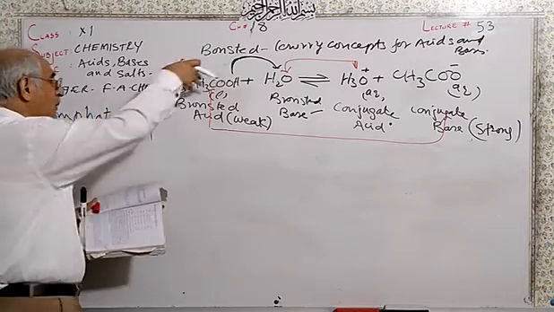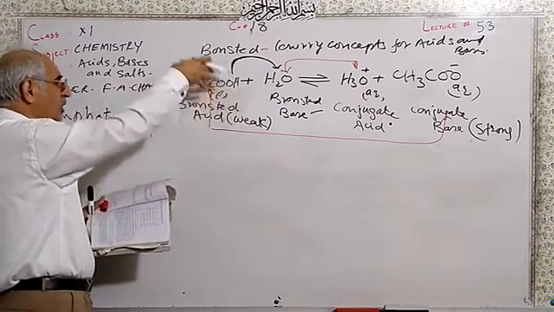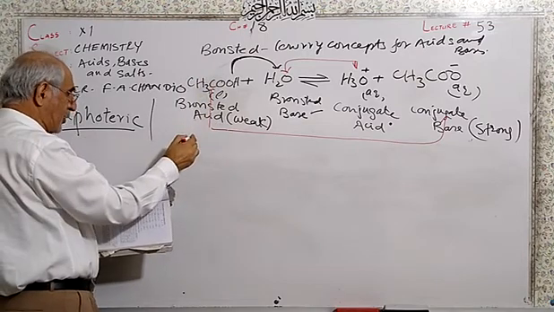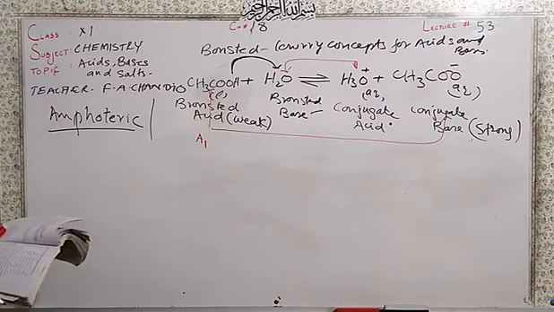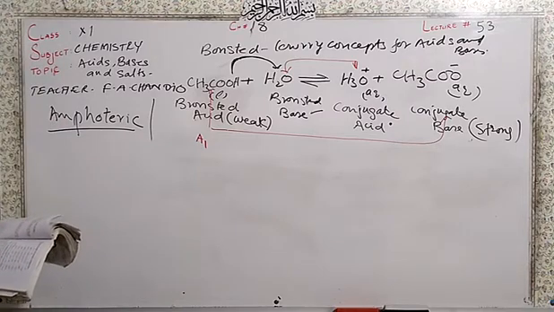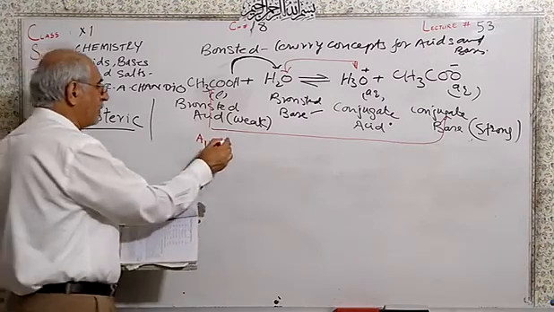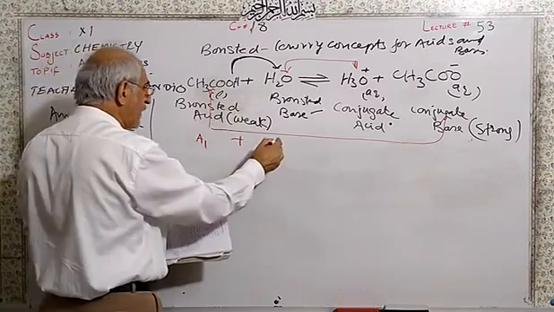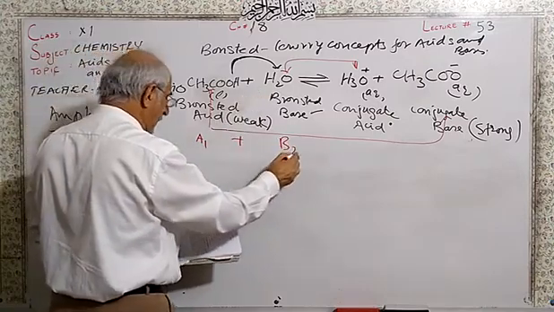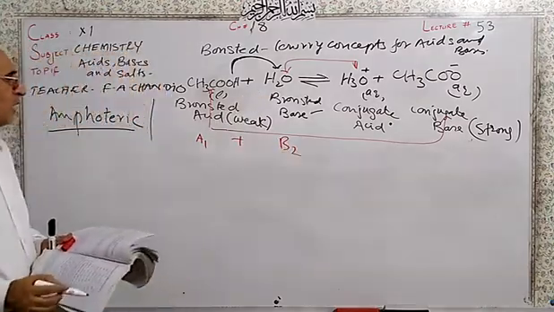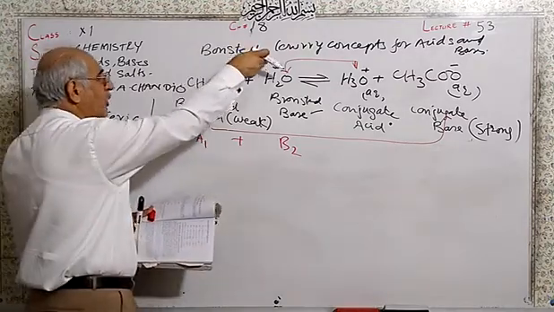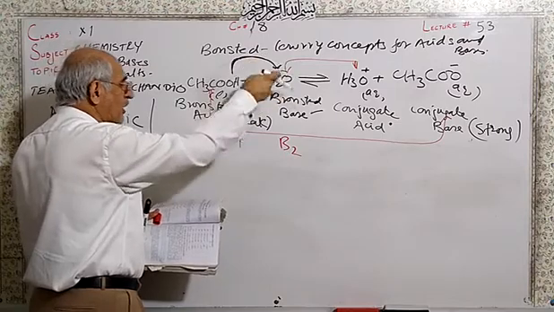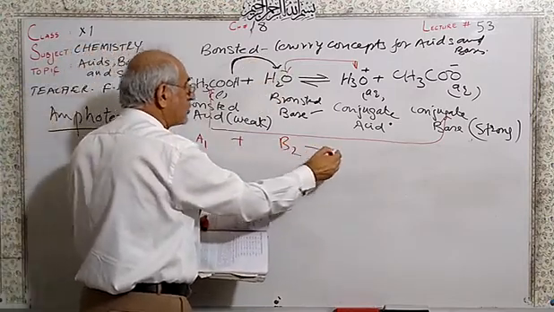Now, the Brønsted acid is denoted by A1. The Brønsted base is denoted by B2. A1 is the Brønsted acid and water, the Brønsted base, is B2.